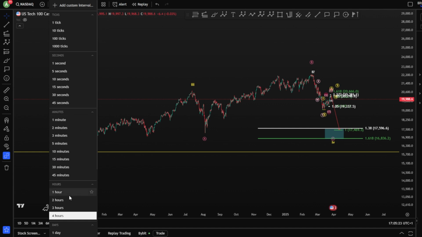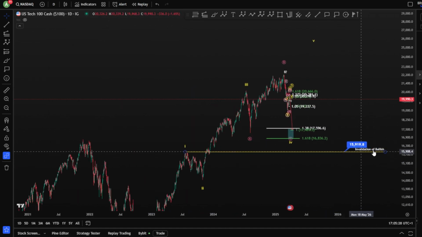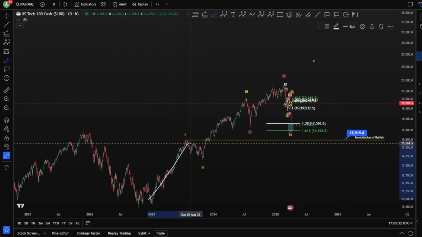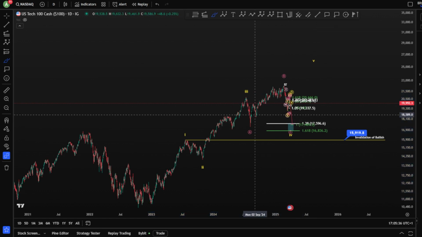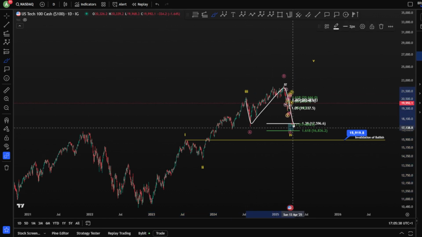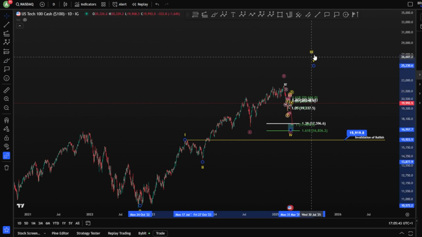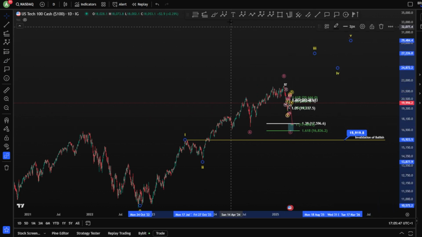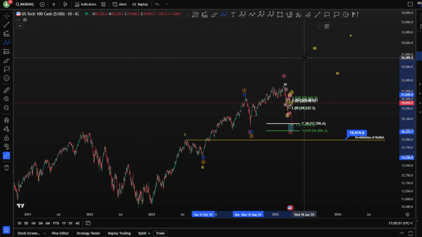In a bigger view, what might this affect? Remember, we are in a wave 5 potentially. In this wave 5, we are looking at 1, 2, 3, 4, and a 5. So if this wave 4 is going to end up very low, potentially what's going to happen is that we're going to transform this to a 3, 4, 5 toward the upside, and then a 1, and then 2, 3, 4, and a 5.